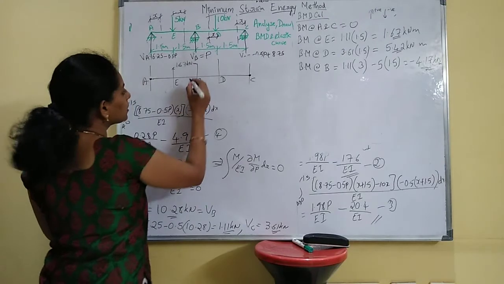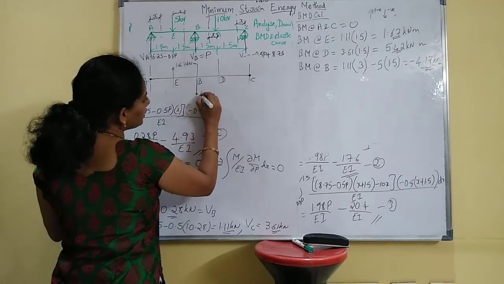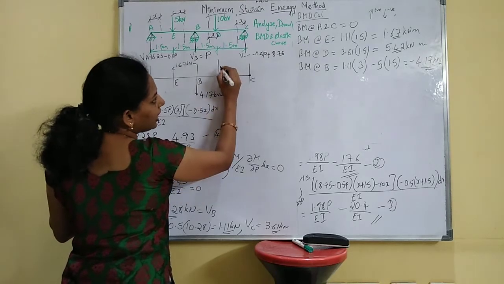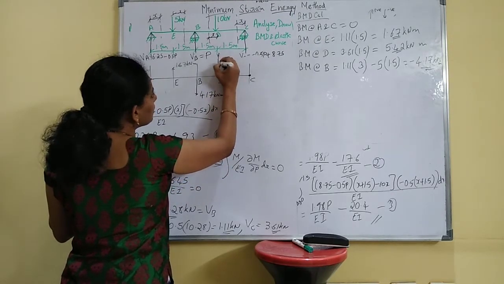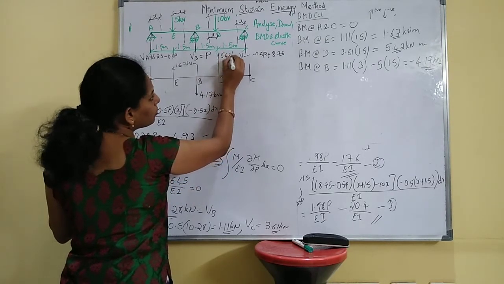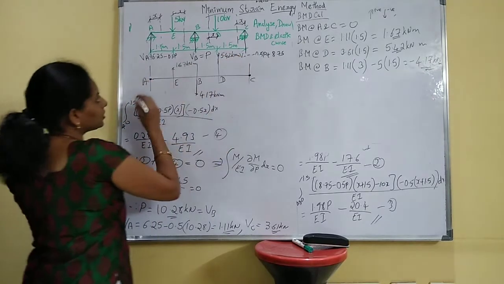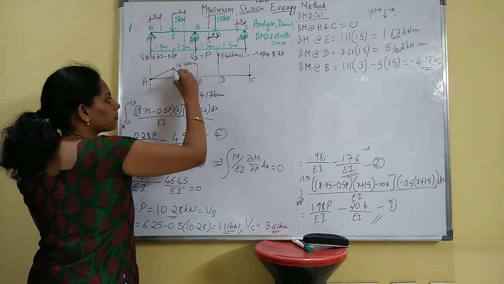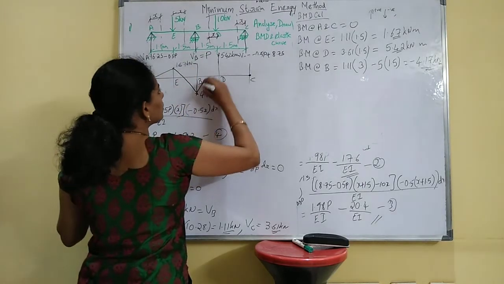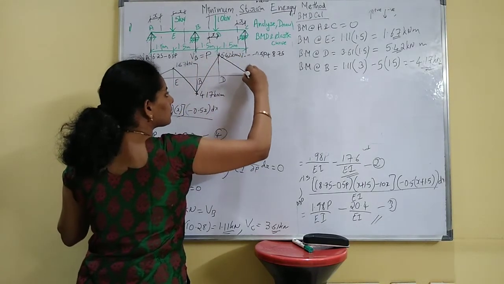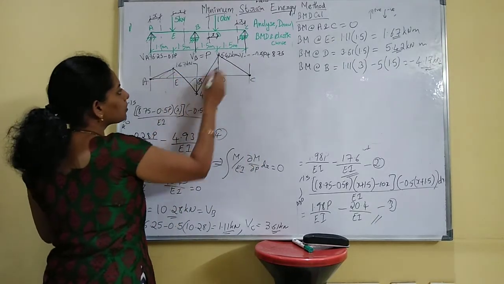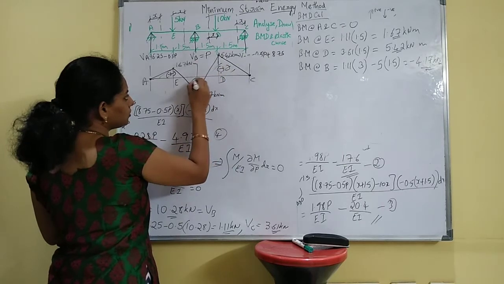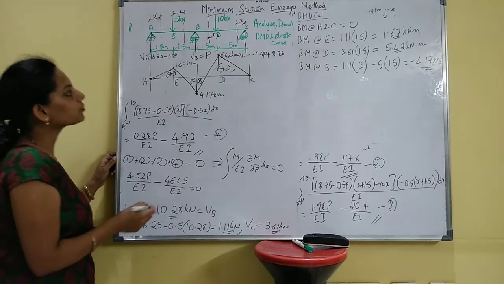At B is minus, so here it is minus 4.17 kilonewton meter. At D is 5.42 kilonewton meter. Now draw bending moment diagram. This is the bending moment diagram. Here both positive and it is negative.